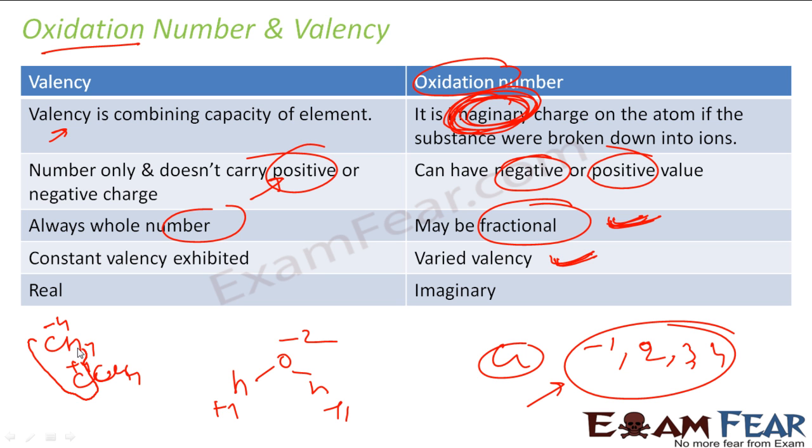So in one case it is -4, in the other case +4. And obviously valency is the real stuff and oxidation number is the imaginary stuff, right?